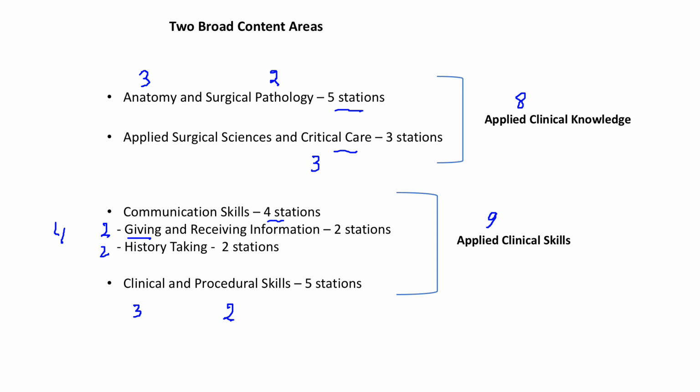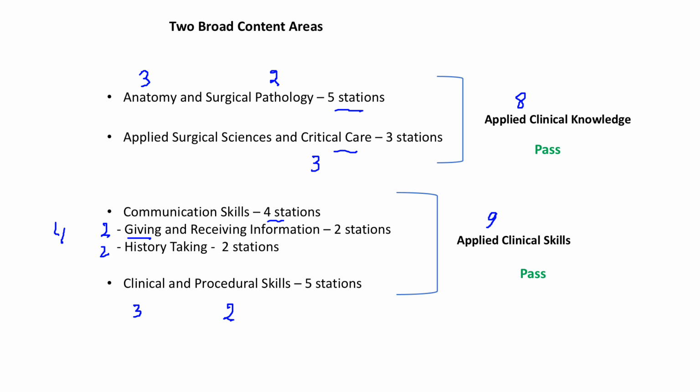To pass this exam, you have to pass both these components. Applied clinical knowledge has 160 marks, so there is a pass mark and you have to get marks above this pass mark. Similarly, applied clinical skills has 180 marks and you have to get marks above the pass mark.